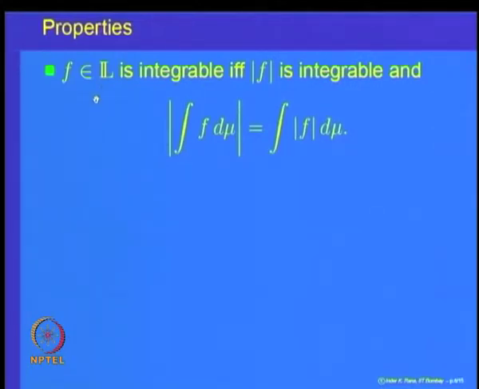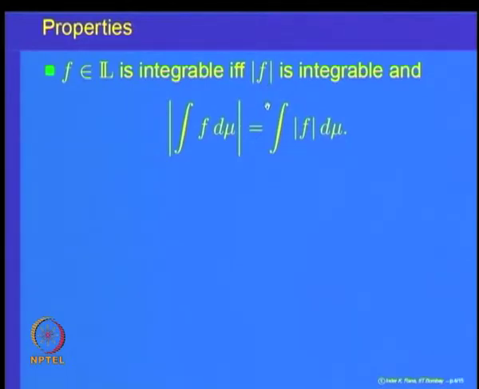The first important thing we observed was that a measurable function f is integrable if and only if mod f, which is a non-negative function, is integrable. That means, to check whether a measurable function is integrable or not, it is enough to look at the integral of the function mod f and see whether that is finite or not.